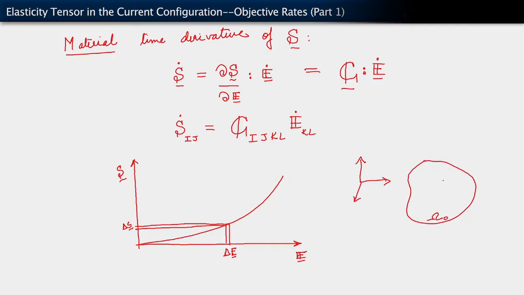S and E, as we've seen by construction, are properly defined on the reference configuration of the body. We often call the reference configuration interchangeably the material configuration, and it is in this sense that we use the qualifier material when we talk of this elastic tangent.